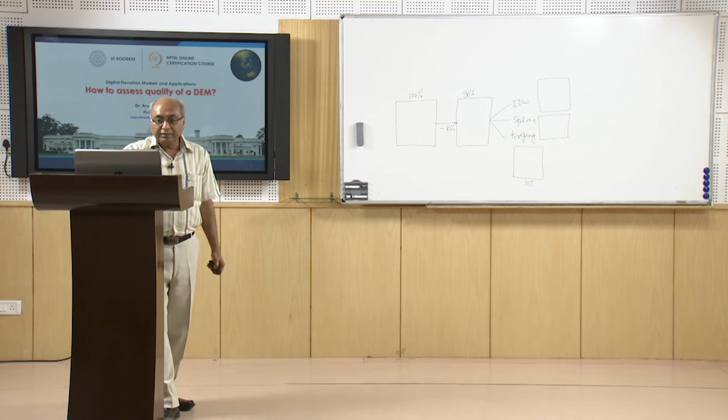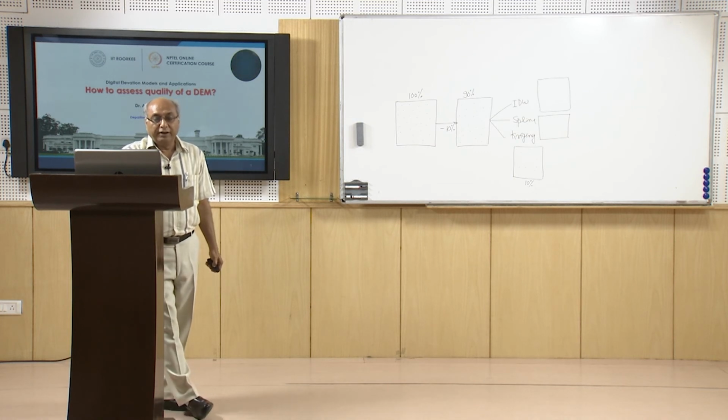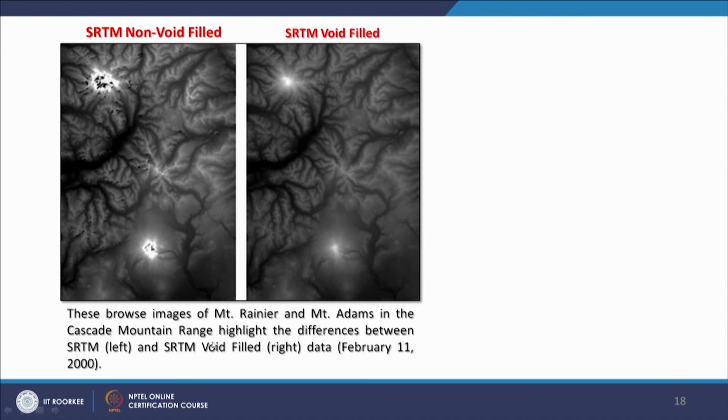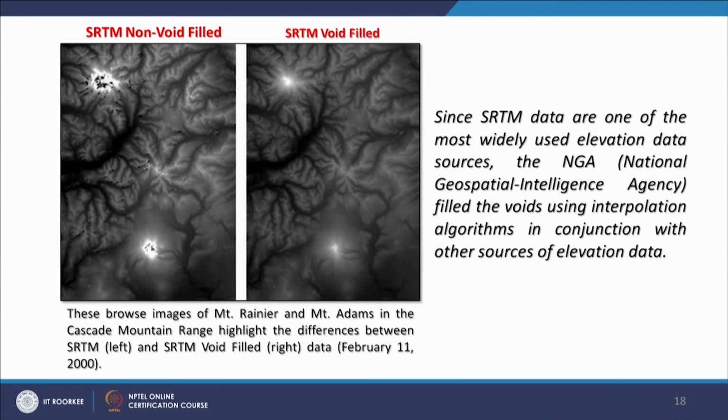This is again an example of a non-void filled digital elevation model of a hilly terrain, and then the SRTM void filled DEM. This is Mount Rainier, and two mounts, Mount Rainier and Mount Adams, are given here, and this is how the DEMs have been improved after processing.